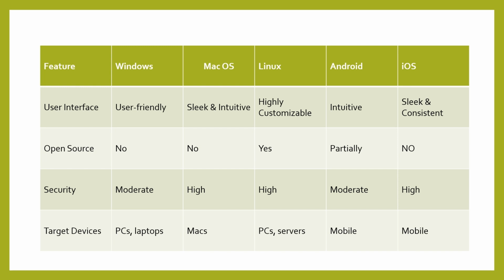Comparative analysis of different operating systems. The Windows operating system is basically user friendly, but it is not an open source operating system. Security level can be moderate. Targeted devices can be PCs and laptops.